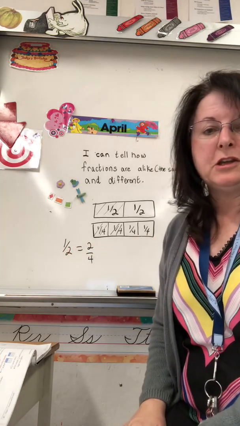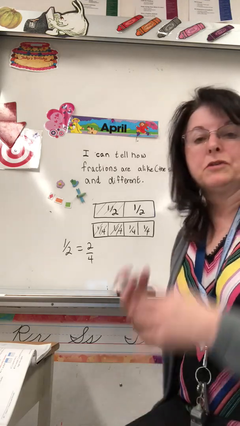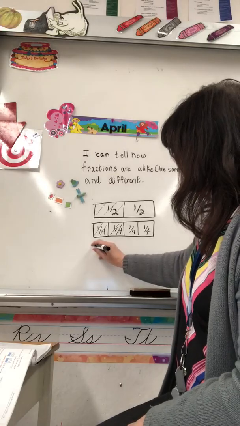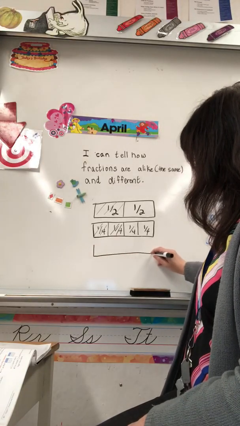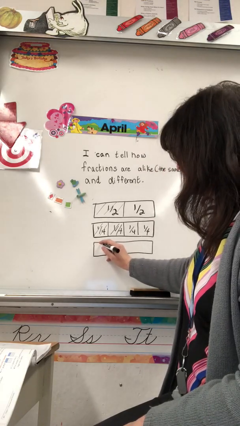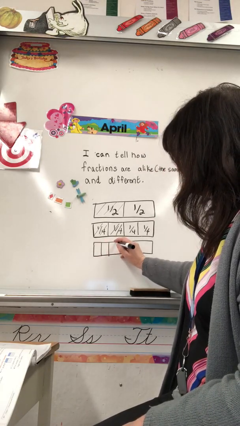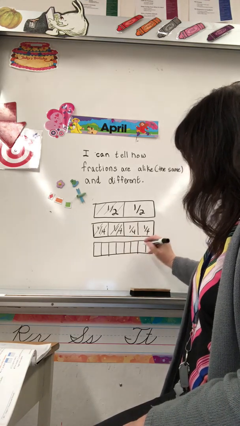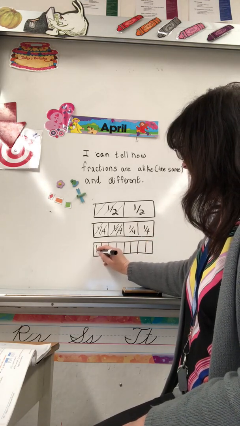Now, you could be using your ruler and you could create some more fraction strips. If I were to do another strip like this, let's say I'm going to chop this into 8ths. So here's 1/8.